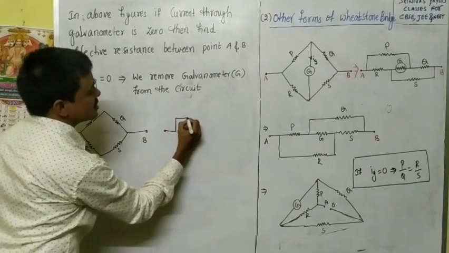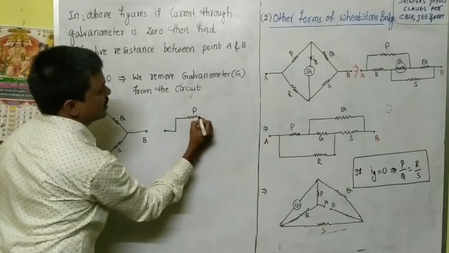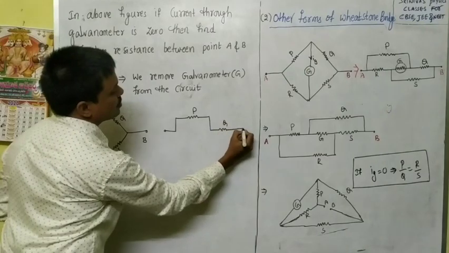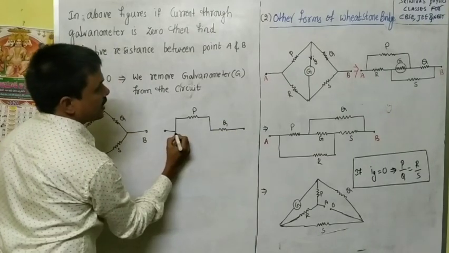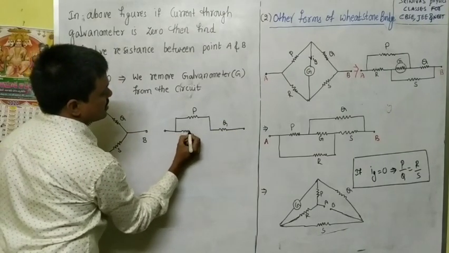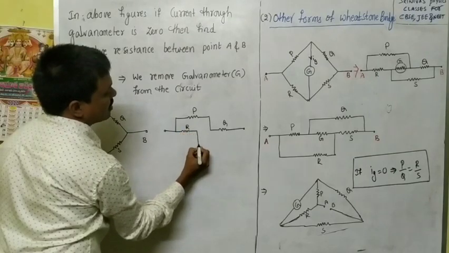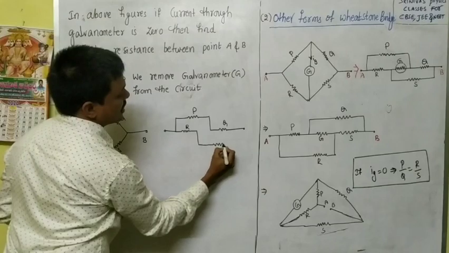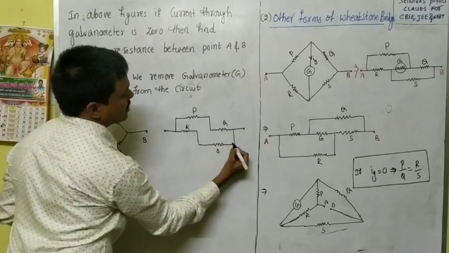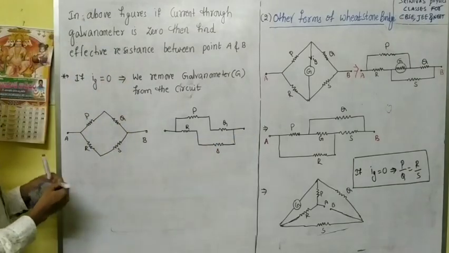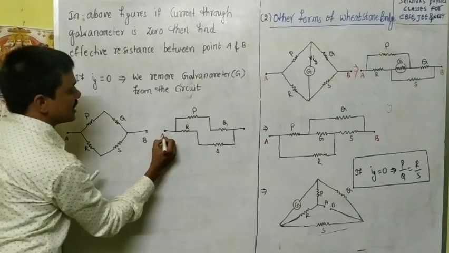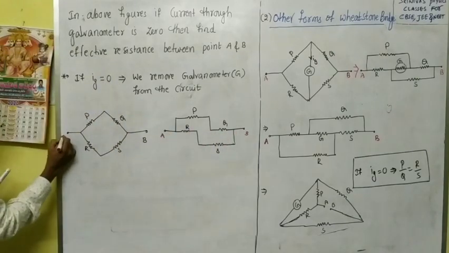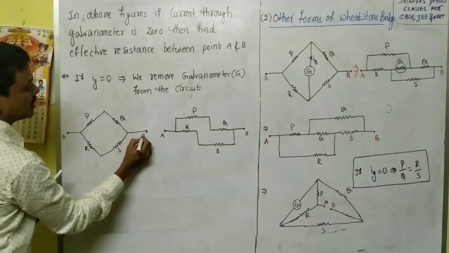This is P, this is Q, this is R, this is S, and this is A and this is B, the equivalent diagram.